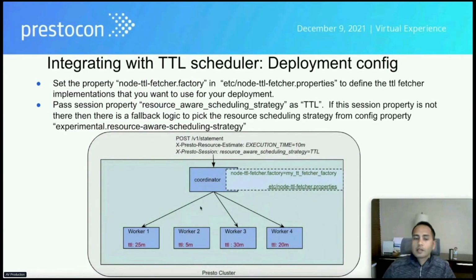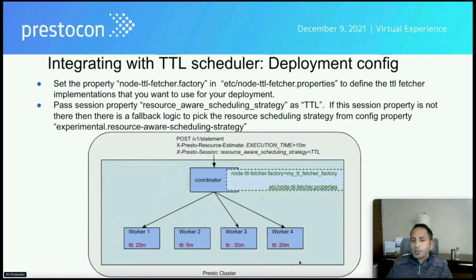The coordinator will select workers that have availability to execute this query, which may take about 10 minutes. So as you can see in this diagram, the coordinator did not pick worker 2 because it has a TTL of 5 minutes, which is not sufficient to execute this query. So this is majorly what we have done for Elastic Compute.